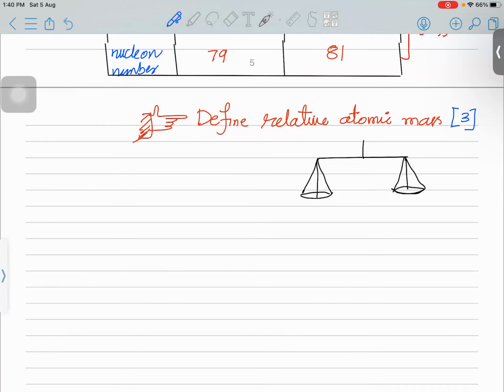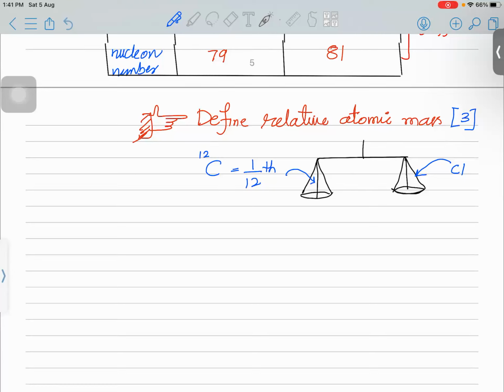So put chlorine here, and take carbon 12 and take its 1/12 part and put it here. Now compare the masses.